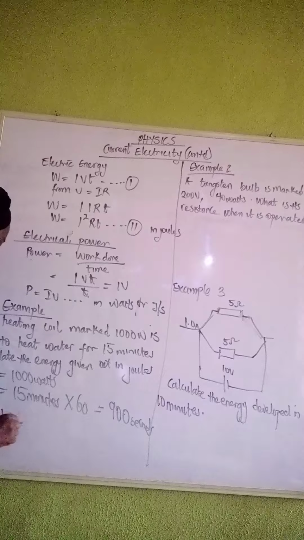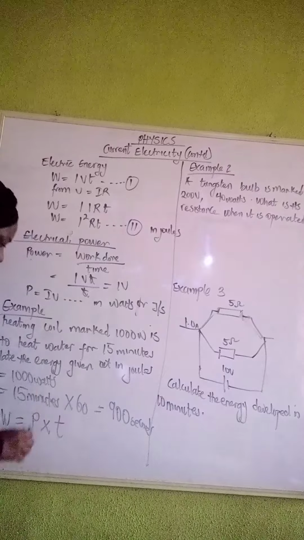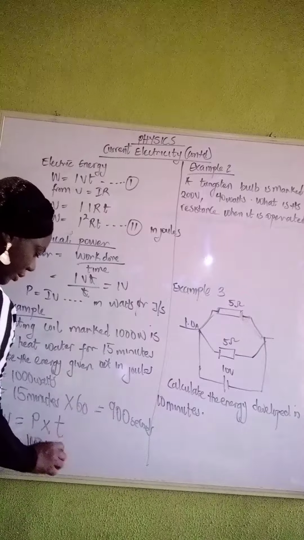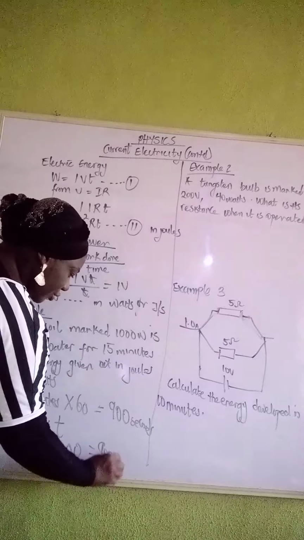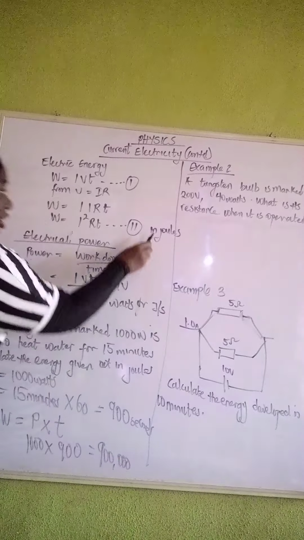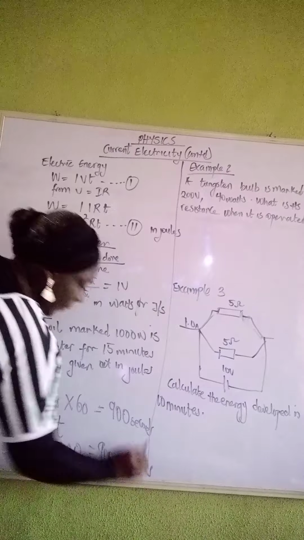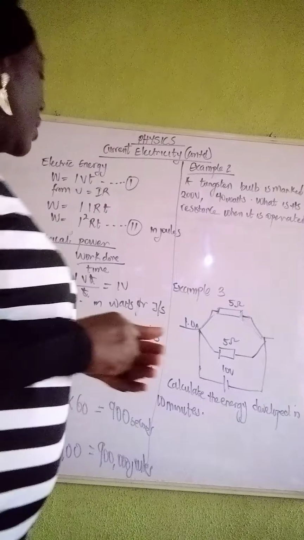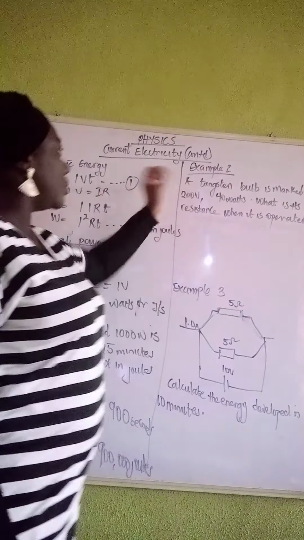Work done equals power times time. The power given is 1000 and the time we've converted to seconds is 900. So the energy is 900,000 joules. Energy is measured in joules. Is that understood?